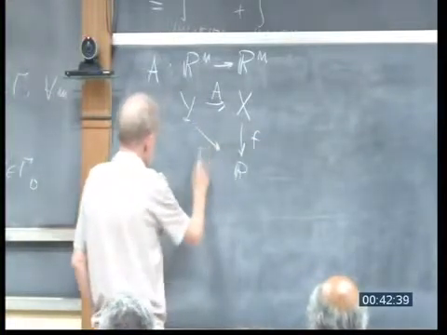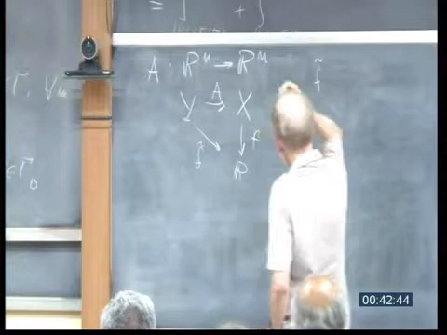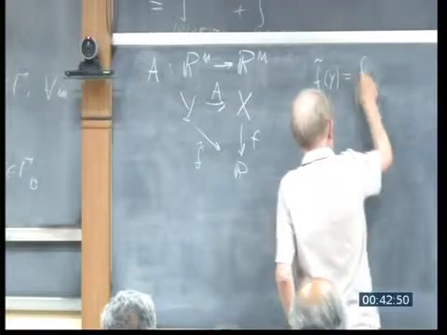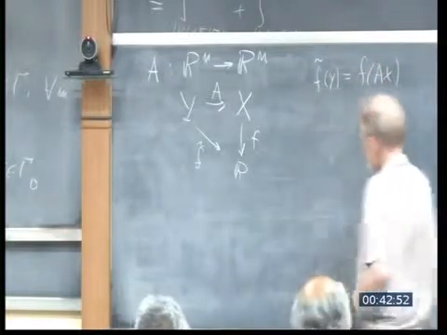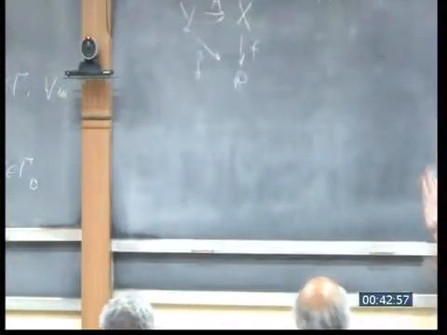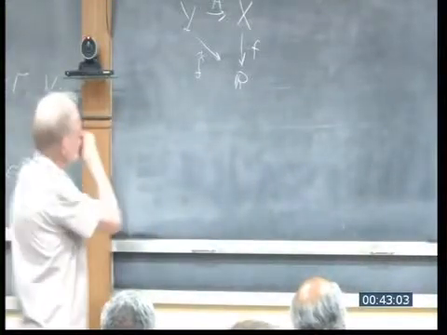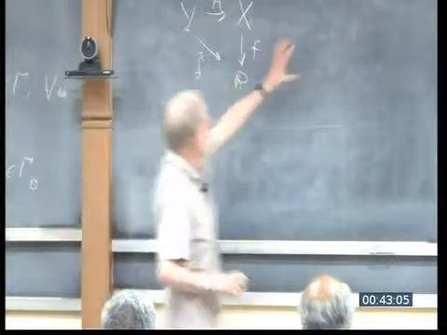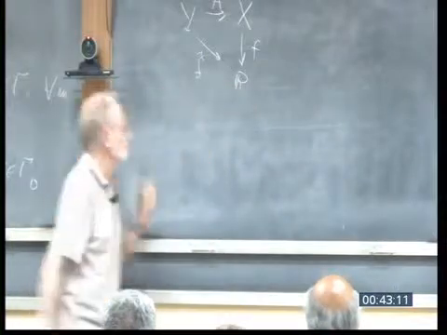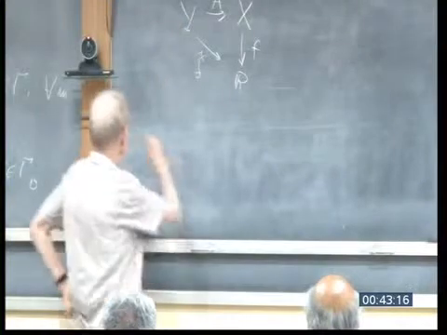So f tilde of y is equal to f of Ax. Then I just make a short computation. We imagine that we have already cut off f with a smooth function as in the definition. We take the Fourier transform and just want to see what happens when we change variables like that.